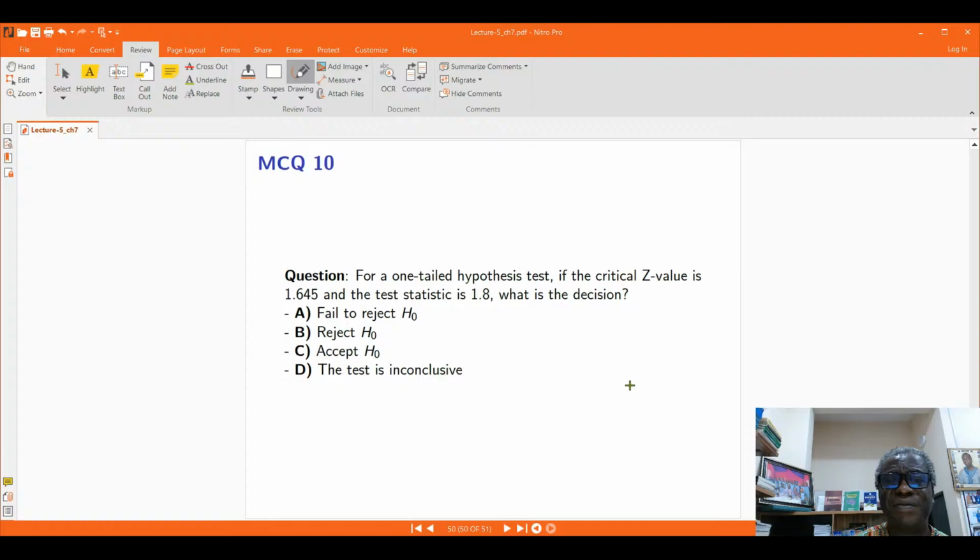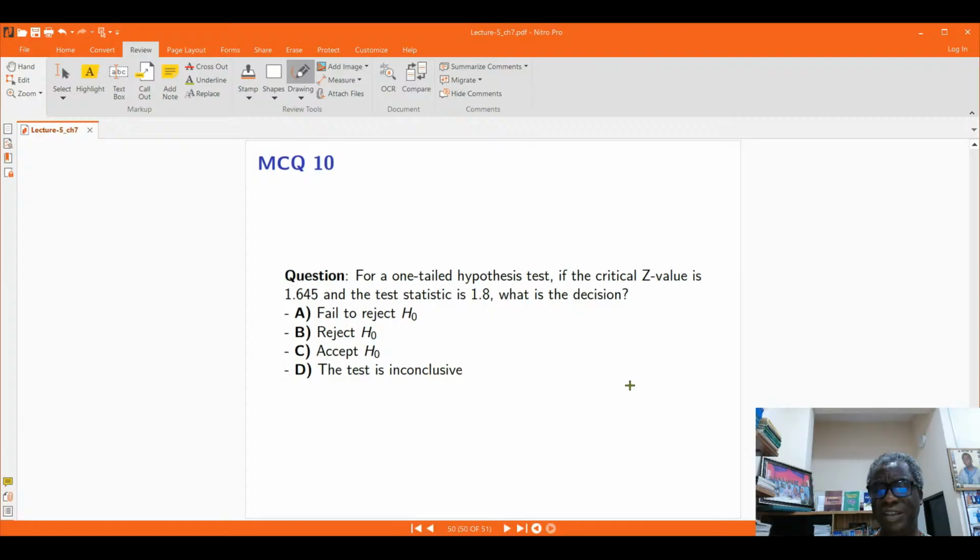Finally, for a one-tailed hypothesis test, if the critical Z value is 1.645 and the test statistics is 1.8, what is the decision? So you are not using the p-value in this case. You are using the critical value to compare with the test statistics.